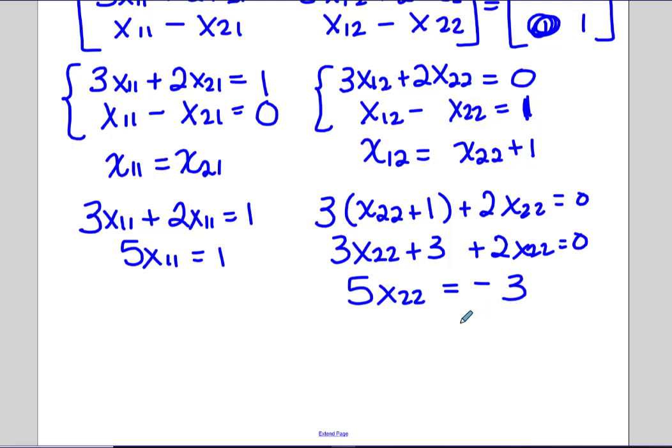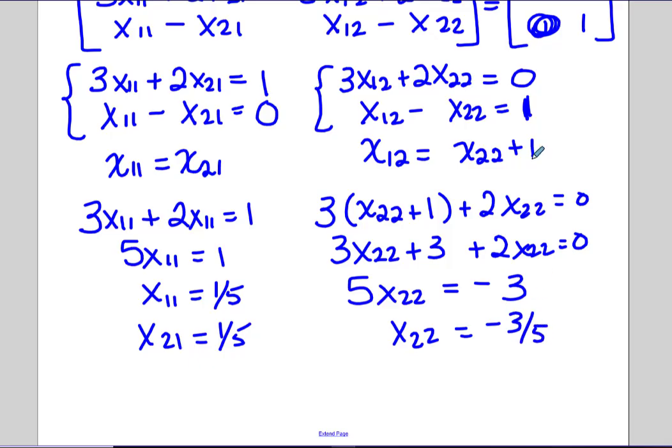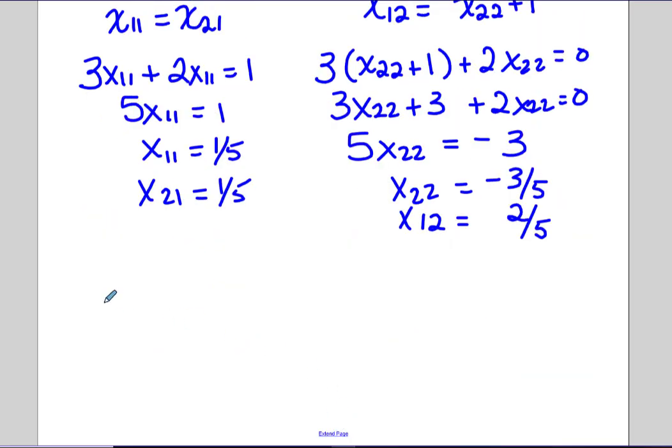Now we want to solve for, let's see, we know x sub 11 is 1/5, and x sub 21 is also 1/5. And we know x sub 22 is negative 3/5. So if x sub 22 plus 1 is x sub 12, then x sub 12 has to be equal to 2/5. So we have our four values.